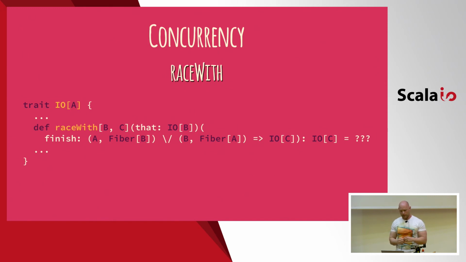And what raceWith does is, it's defined as a method on IO, so it takes the this thing and some other thing, and it kicks them off.